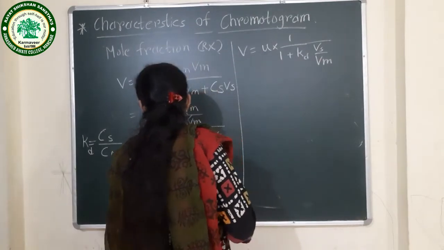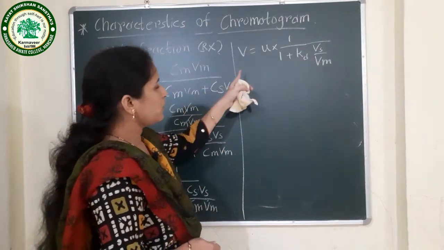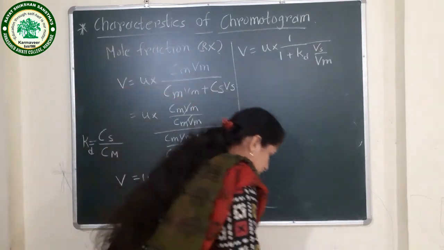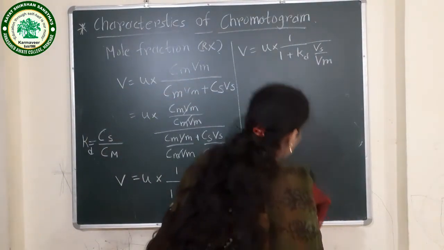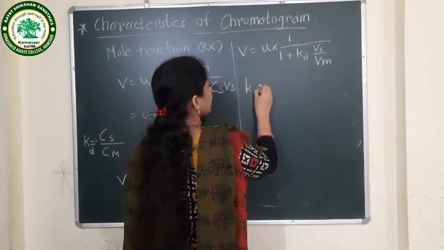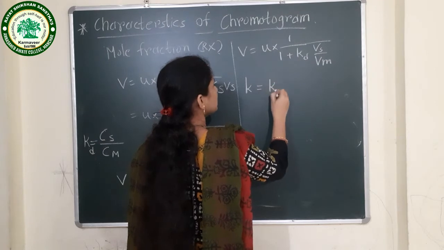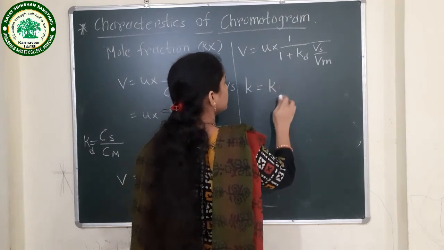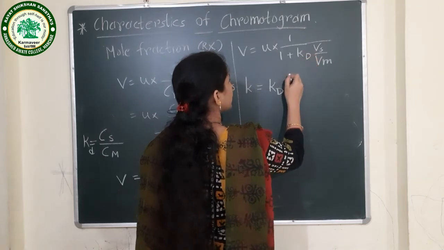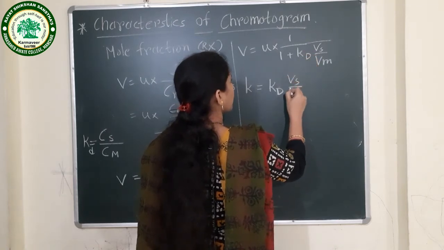Now we can see the capacity factor. Now we can calculate the capacity factor from this equation. This capacity factor is given by small k, and capacity factor is Kd, here D is capital, Kd into Vs upon Vm.